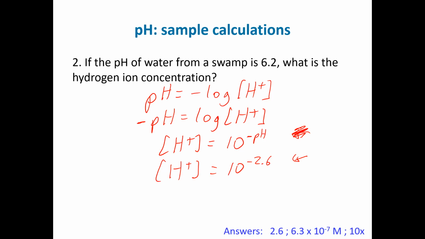And so that gives me the inverse log of that. And the other way is I actually have a 10 to the power button as well, so I can punch in 10 to the power and then put in negative 2.6. So again, you have to figure out how to use your calculator on this. When I do punch that in, I get 6.3 times 10 to the minus 7 moles per liter.